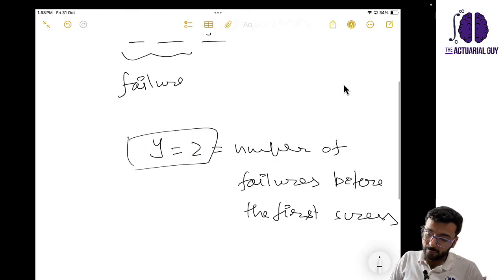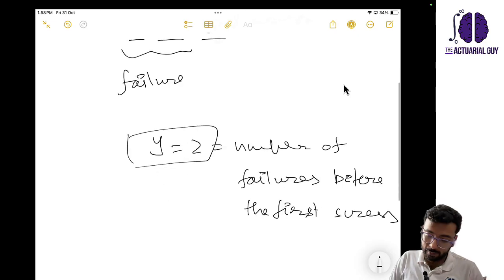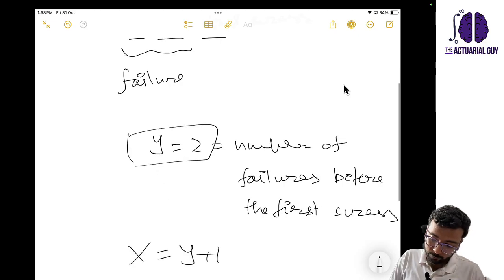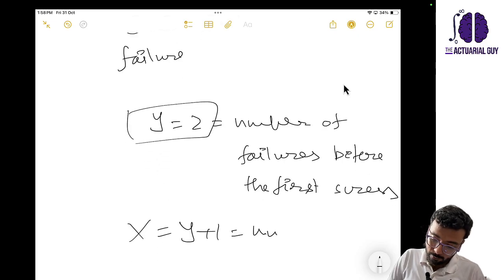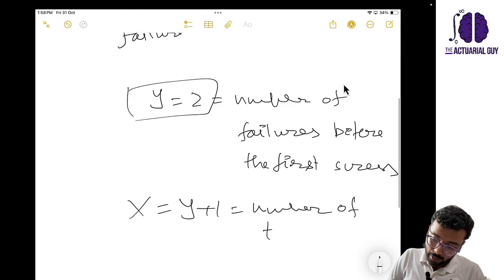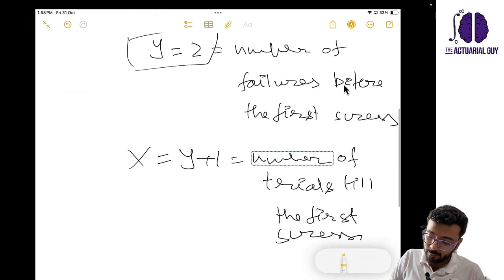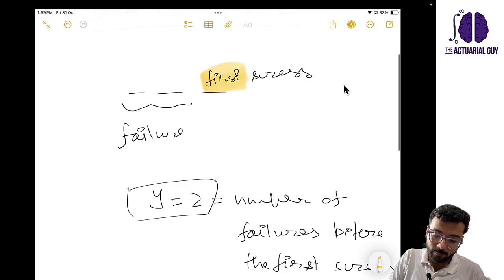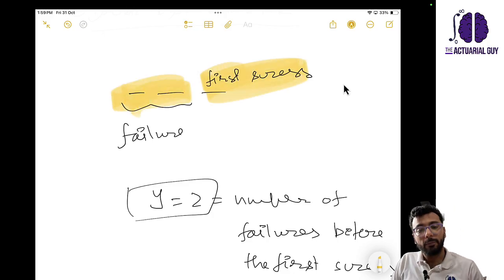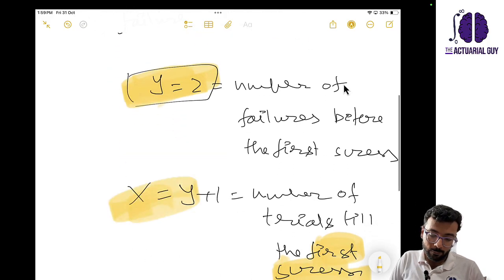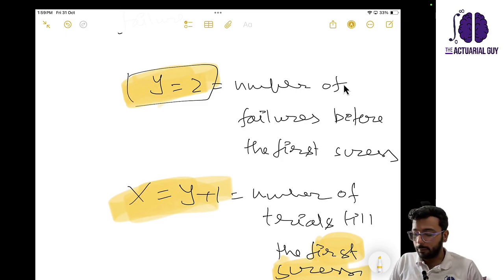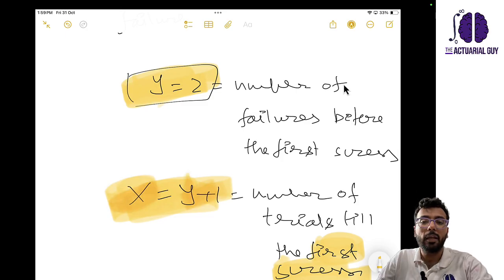That's the same as saying that the total number of trials till the first success, which is x, would be y plus 1. Because out of these trials, you are only seeing the first success, that is one success, which is this one. Everything else has to be a failure. So the number of failures would be 1 less than the number of trials, and thus you can model the number of trials as the number of failures plus 1. Okay, so that is how it works.